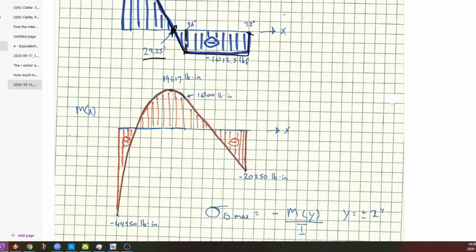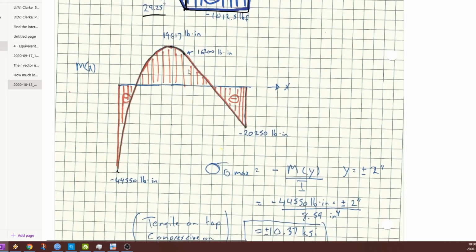So that drops us from our 19,617 down to 16,200 at the midway point of this beam. So that midway point, again, I would like to emphasize, is not the maximum bending moment.